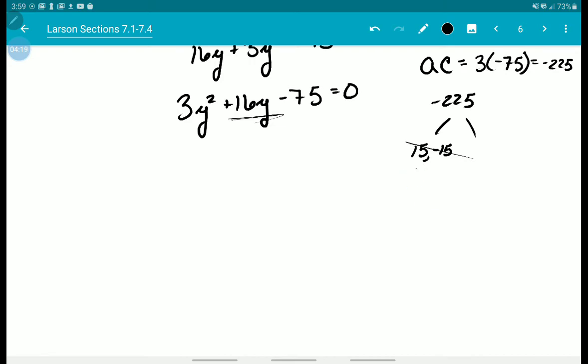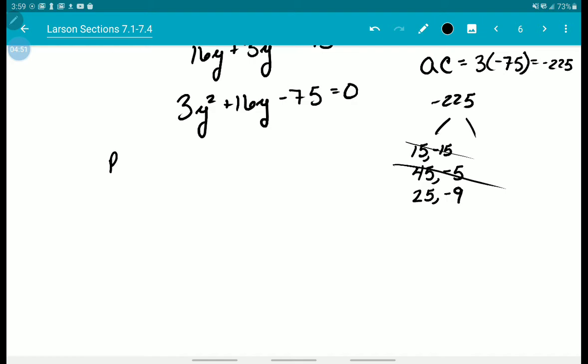We know it's divisible by 5, but any combination of 45 and negative 5 will not add to give us a 16. But if we look at 25 and 9, if we take a positive 25 and a negative 9, that adds to give us that positive 16 that we need, and multiplies to give us the negative 225.